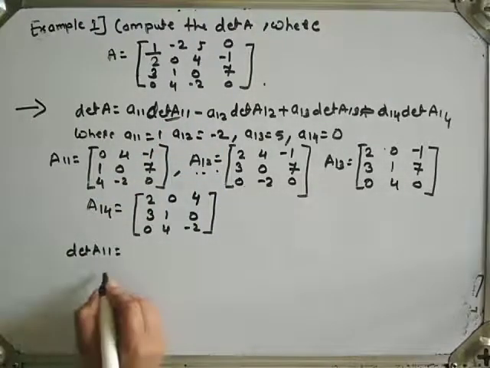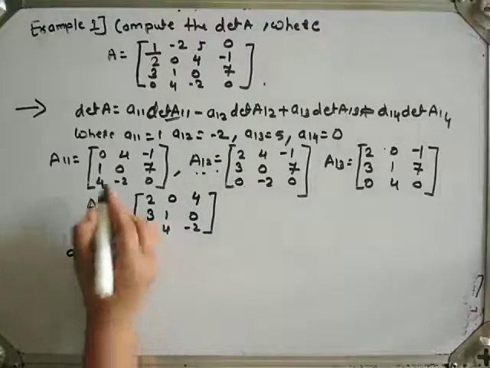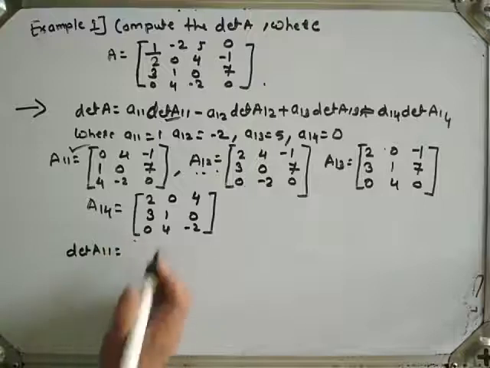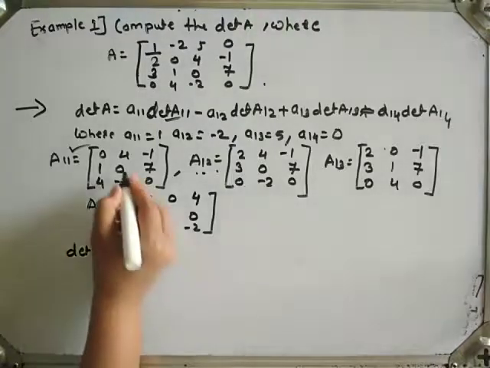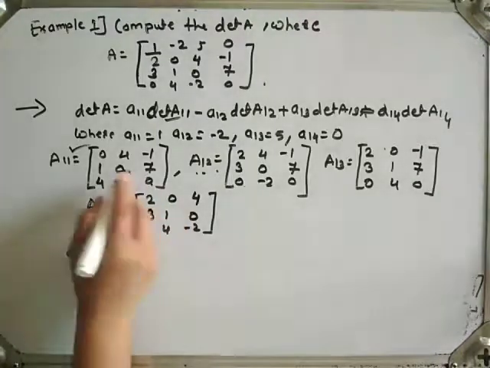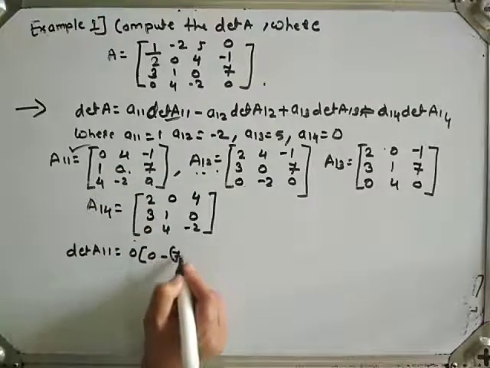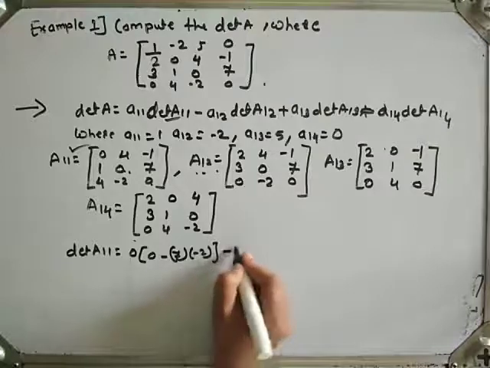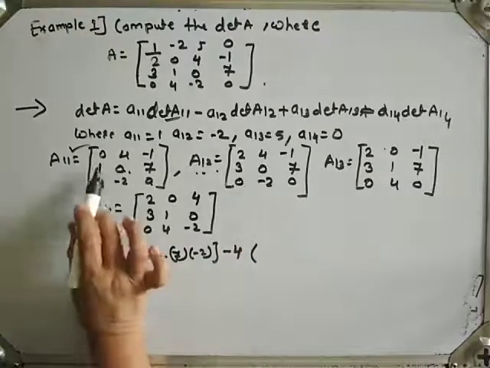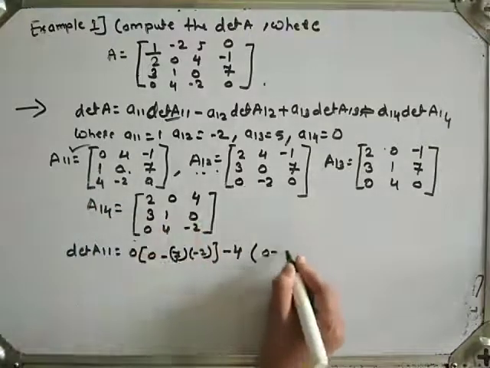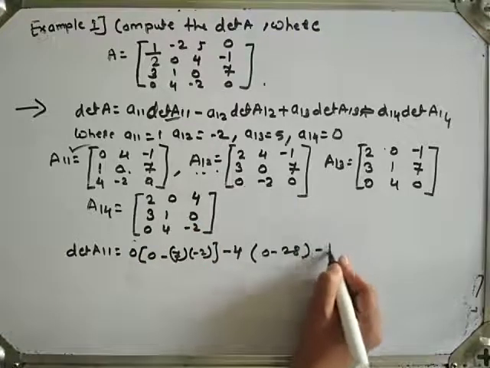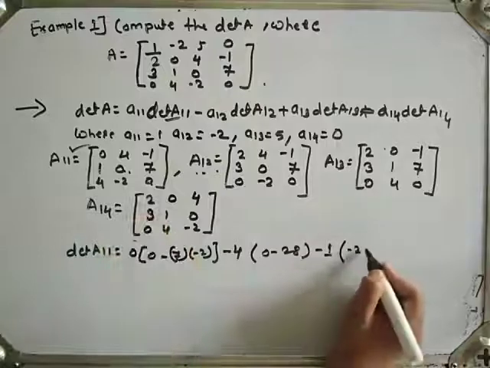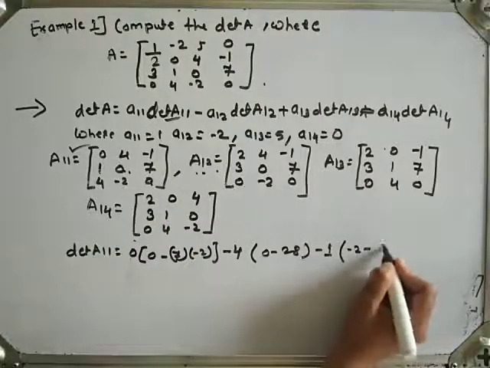Determinant of A11, where A11 is this matrix, is equal to 0 into (0 into 0 minus 7 into -2), minus 4 into (0 minus 28), minus 1 into (-2 minus 0).